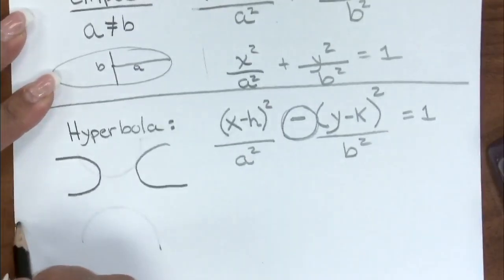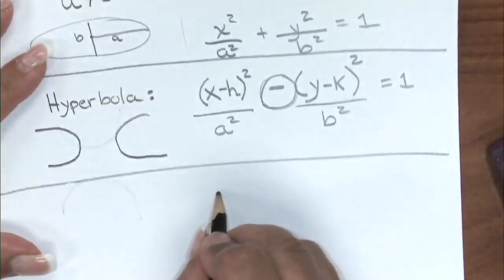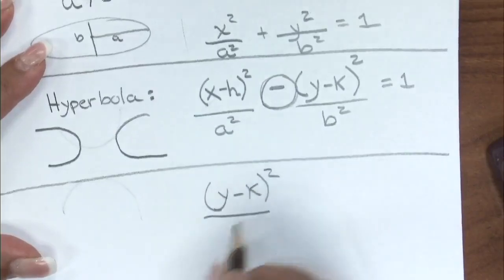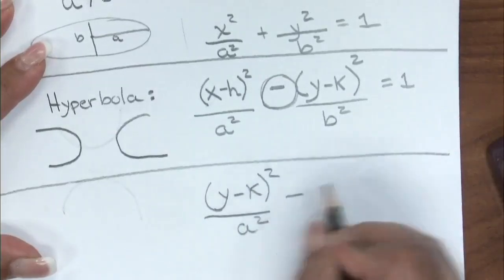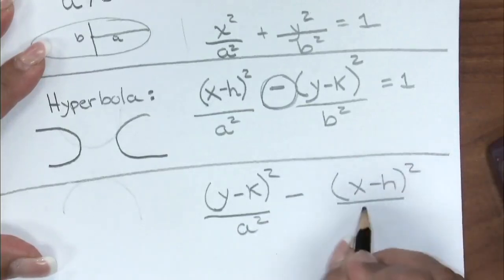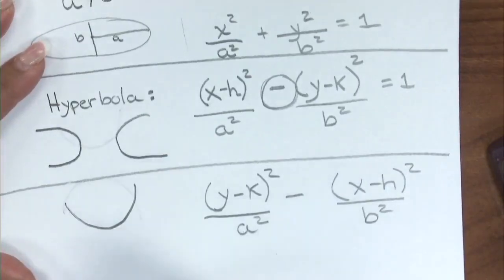And then the other way this same hyperbola could be given is I could make the y expression the first one, therefore it would be the positive one. And then I could make the x expression the negative one, and then it would open like I just had it a minute ago, up and down.